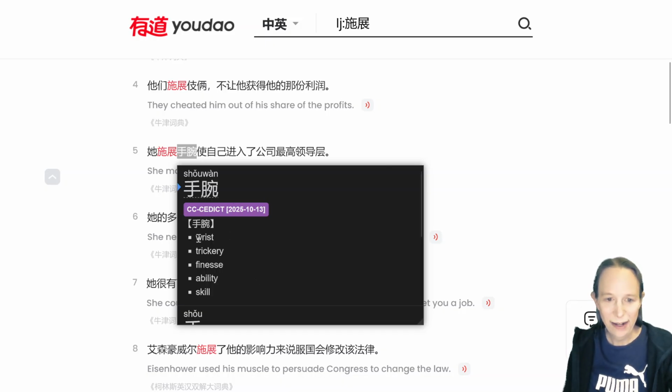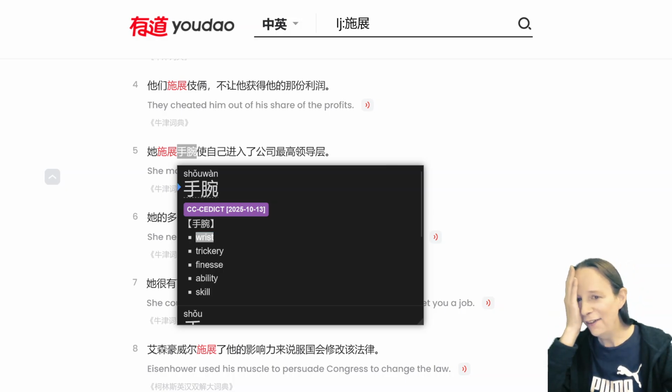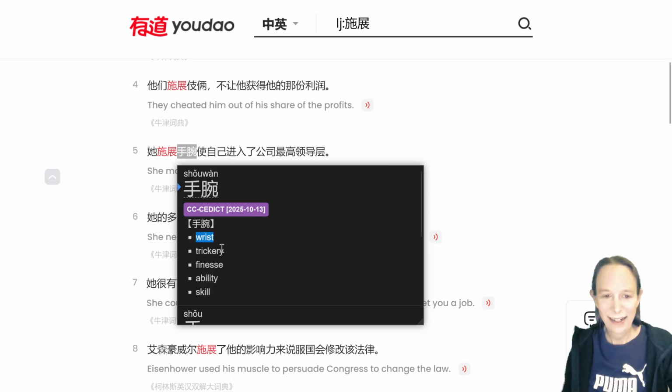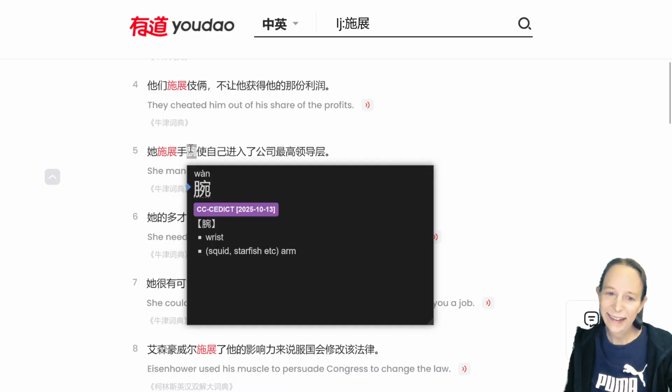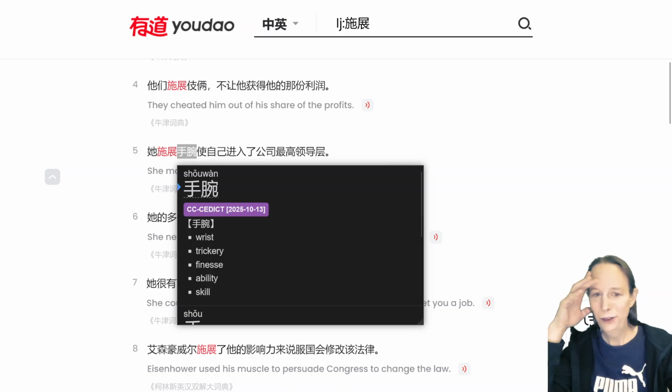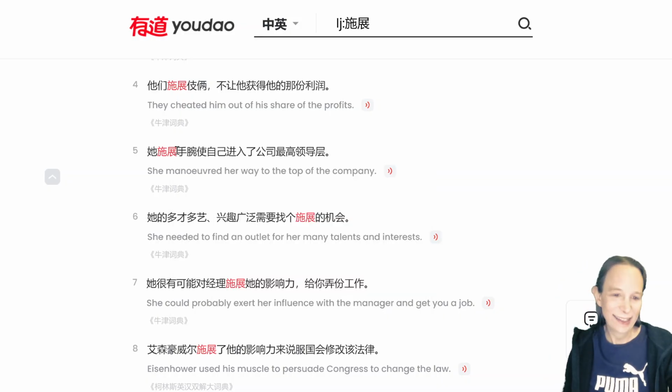Oh, okay, 手腕. I knew the word wrist. I didn't know these other ones. 手腕, wan is fourth tone. Really? All right, so wrist can mean trickery. It's a trick of the wrist, I guess.